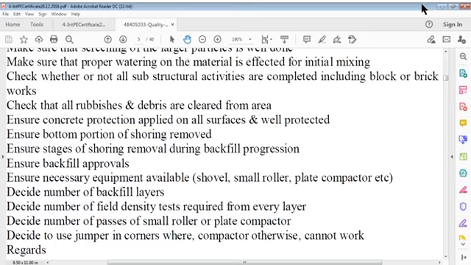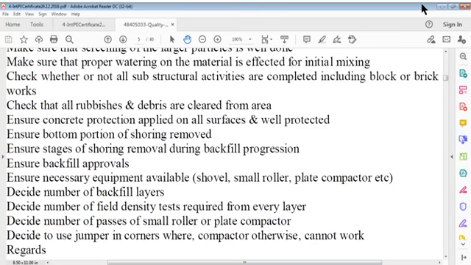So it depends how many layers, number of backfill layers required, number of field density tests required from every layer depending on criteria fixed for backfill, how many square meters of backfill and how many tests for how many square meters, applicable if you take one test.